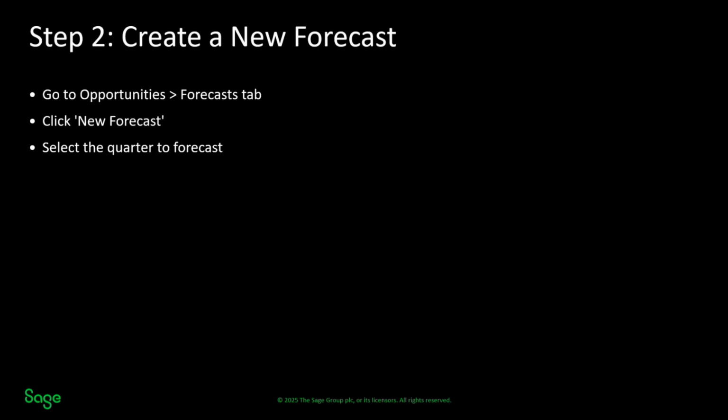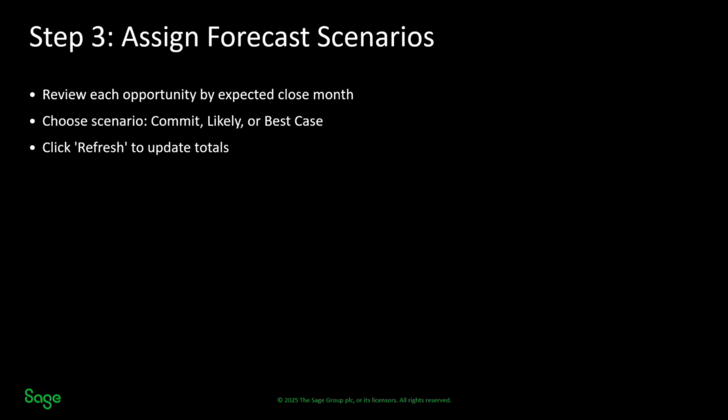But this is how you select the particular quarter that you want to create the forecast for, and then within the context of each individual forecast, you've got a grid of all of the current opportunities in play.